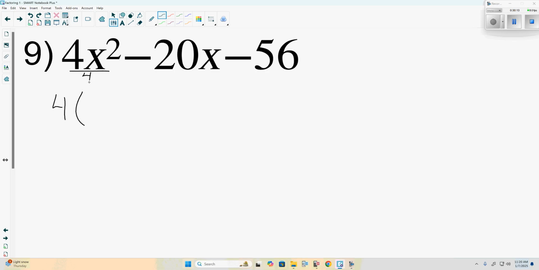All it's really saying is that we could divide 4 out of all three terms and simplify it down. Because if we factor the 4 out of 4x squared, we get x squared. If we factor the 4 out of 20x, we divide the 20 by 4, we get 5x. If we divide the 56 by 4, we get 14.